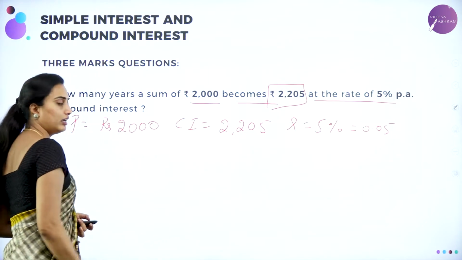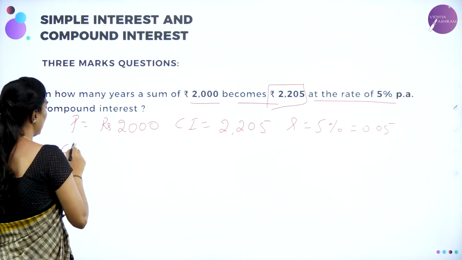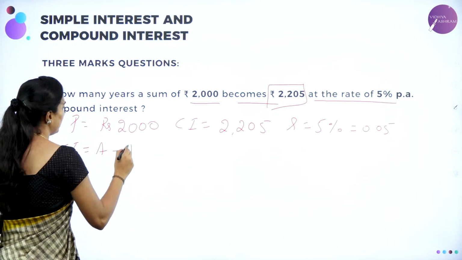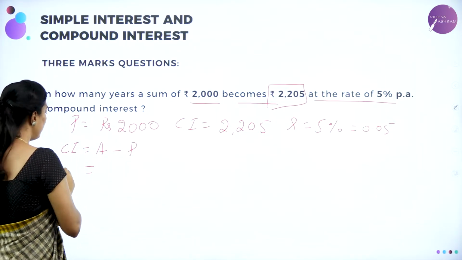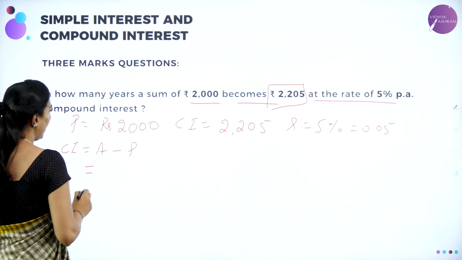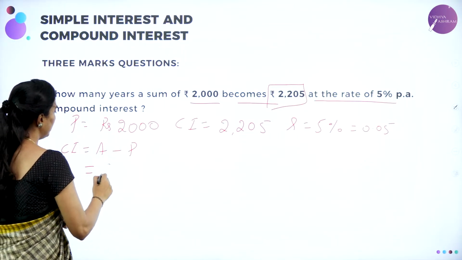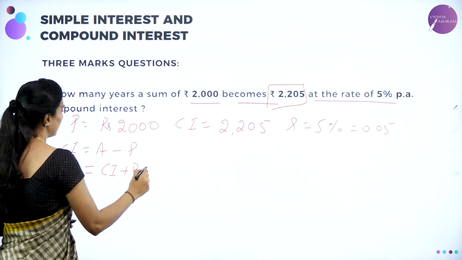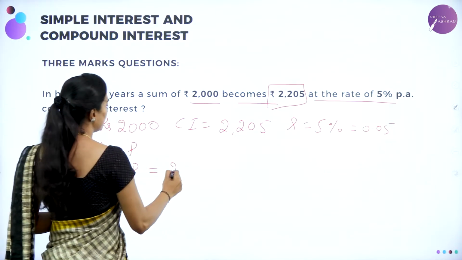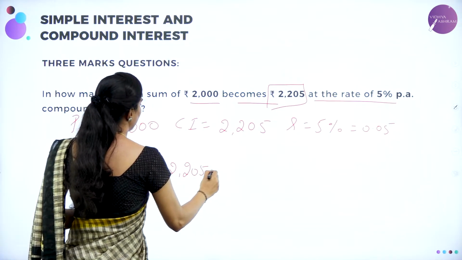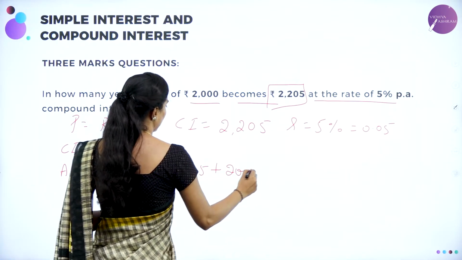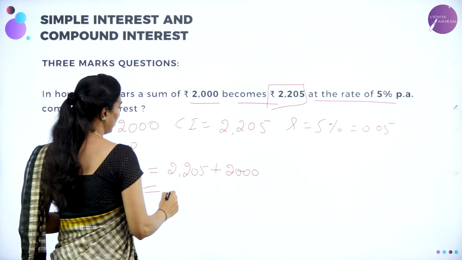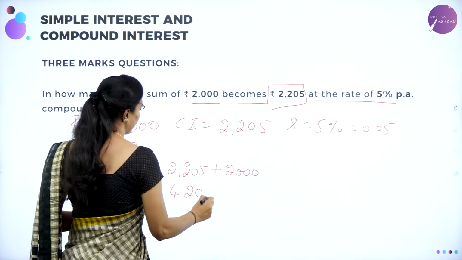Now you are going to calculate A. CI will be equal to A minus P. So A is nothing but, you don't know, so A will be equal to CI plus P. You are going to have CI is 2205 plus 2000, which will be 4,205.